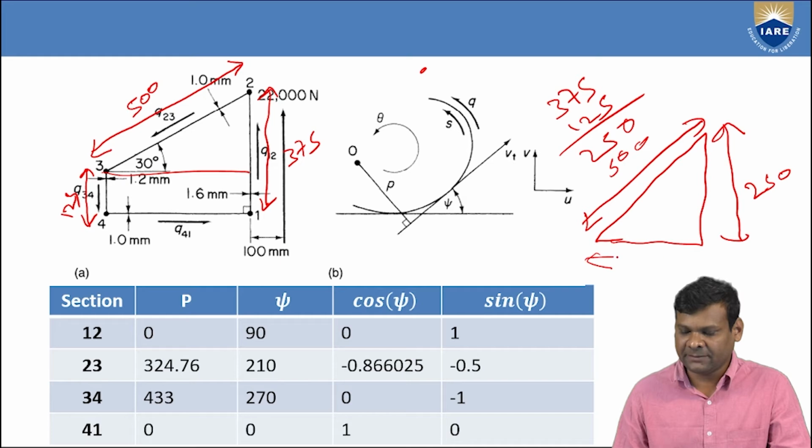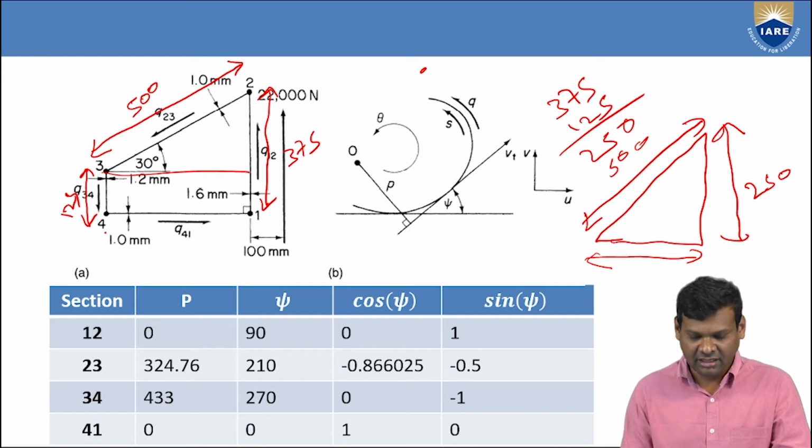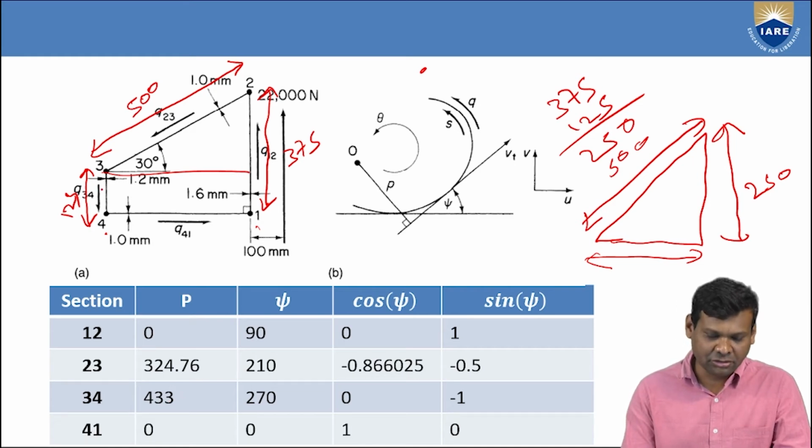Ultimately, by using Pythagoras theorem, and since we know this angle is 30 degrees, we can calculate the perpendicular distance. This length p41 is equal to 433.0 something.